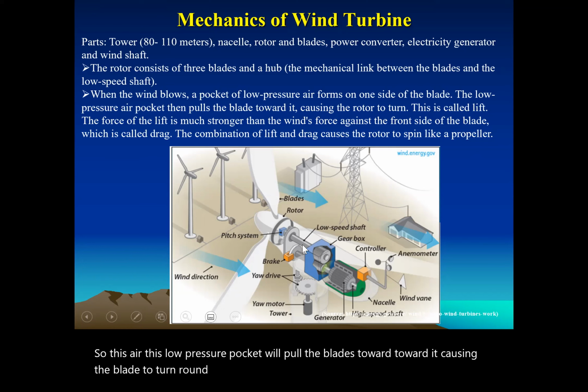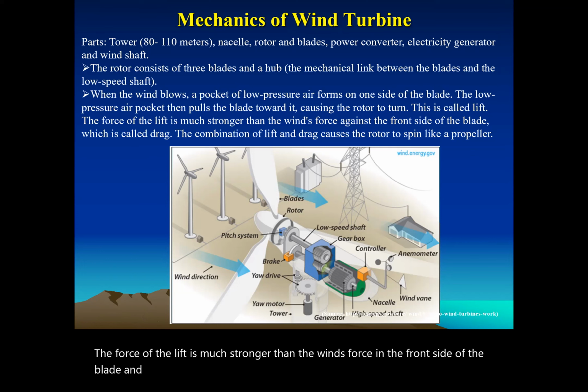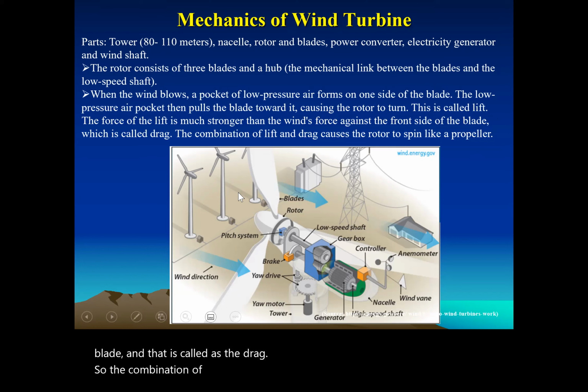It's almost like the lift and drag that we've studied for airplane wings. The force of the lift is much stronger than the wind's force on the front side of the blade, and that is called the drag. So the combination of the lift and the drag causes the blades to spin like a propeller, again, like in an airplane.